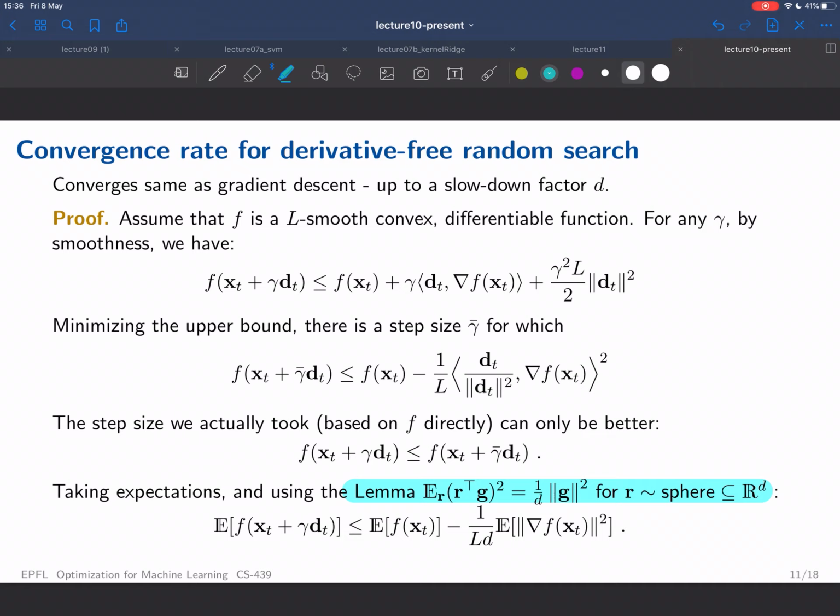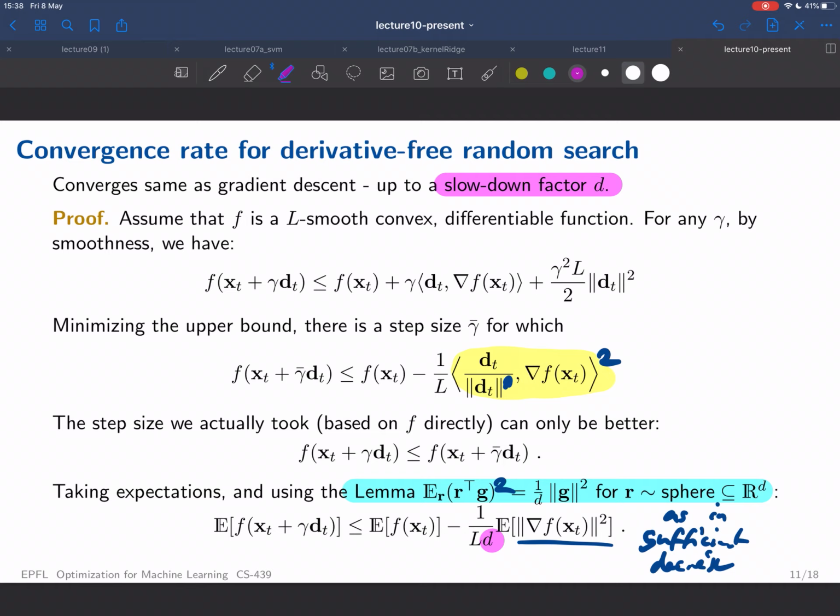That's a terrible slowdown. In real applications d is 1,000,000, so things are 1,000,000 times slower, but the rate is basically exactly the same, and we can understand it exactly the same way as we understood sufficient decrease for gradient-based optimization.